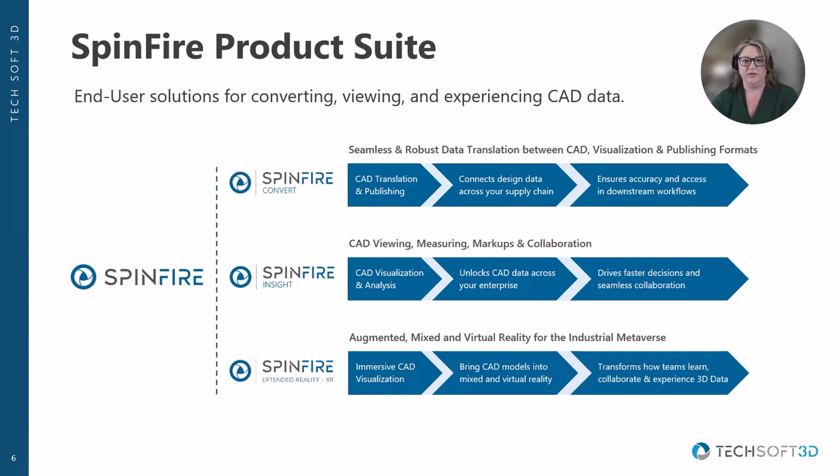Just to give you a quick overview, SpinFire Convert, which connects with the supply chain, delivers seamless and accurate data translation between CAD, visualization, and publishing formats to enable collaboration between suppliers, partners, and customers so that all are working with reliable data. Insight, which we will get into momentarily, unlocks enterprise-wide CAD access that focuses on visualization and analysis to measure and markup without the need for native CAD software.